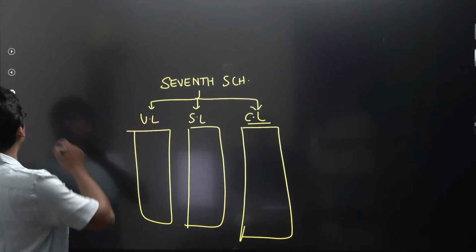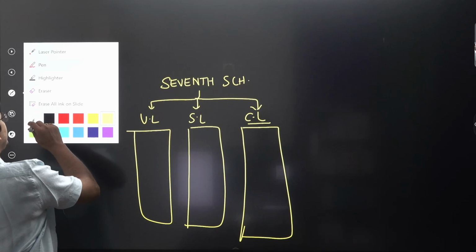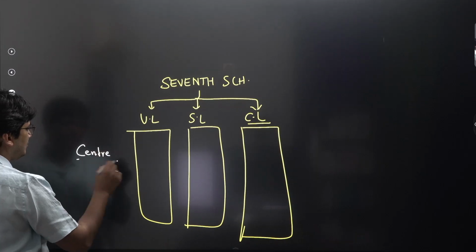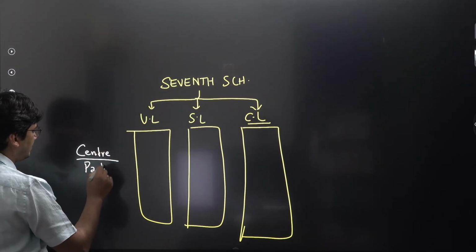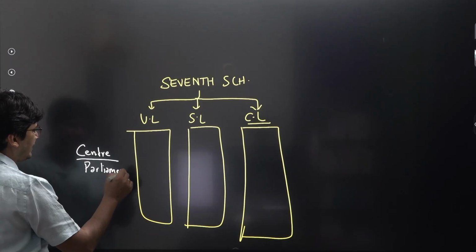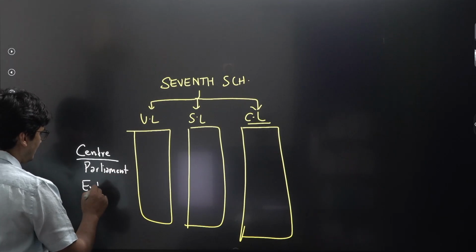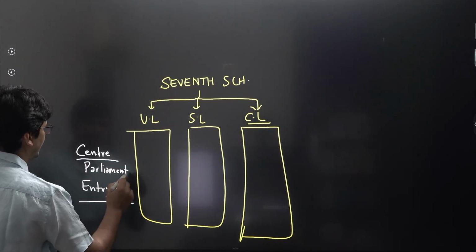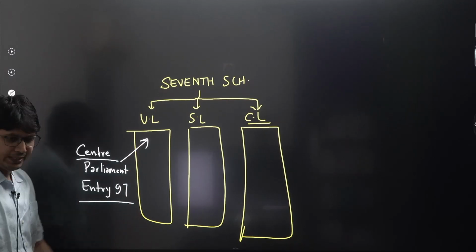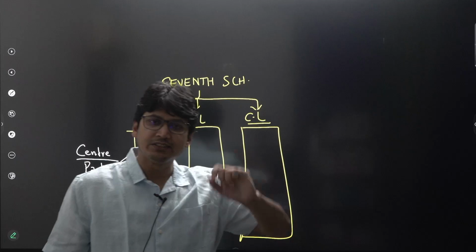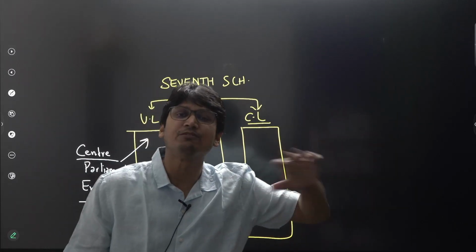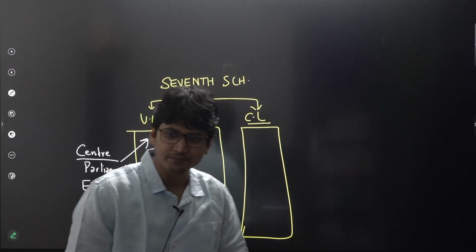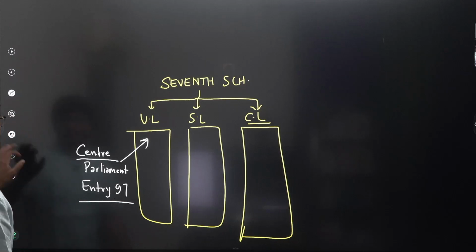And hence those aspects which are considered residuary powers are given to the parliament under entry 97 of the union list. But in the Government of India Act 1935, these residuary powers were vested with the provincial legislatures, basically with the governor. Okay, that is the idea.